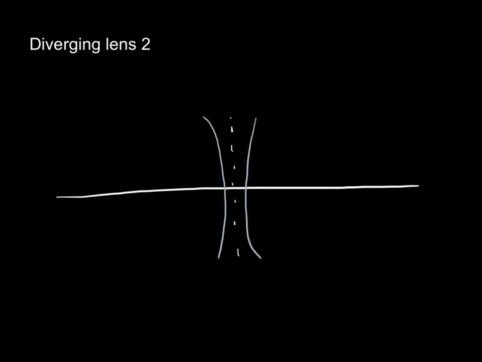Now let's look at the case for a diverging lens where our object's inside the focal point, since the last one was outside. So here we'll put our two focal points and our object somewhere in the middle. So our first line, parallel, and then as if it were coming from the focal point, so no difference there.